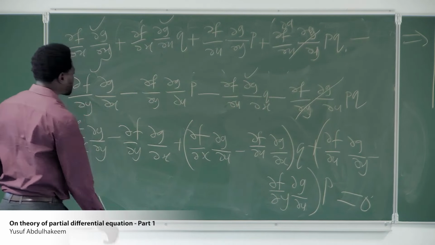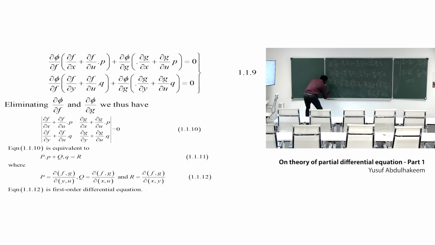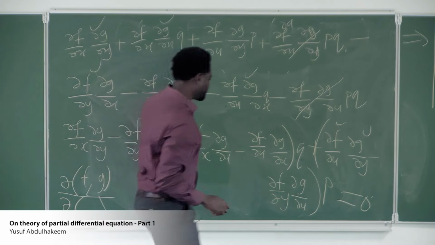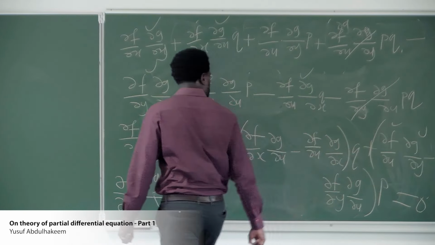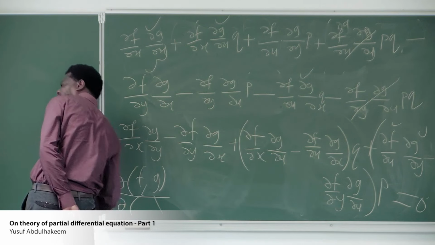So now we can say this one, which is the coefficient of p, is the same thing as what we have here, which is ∂(f,g)/∂(y,u), the variables are y and u.